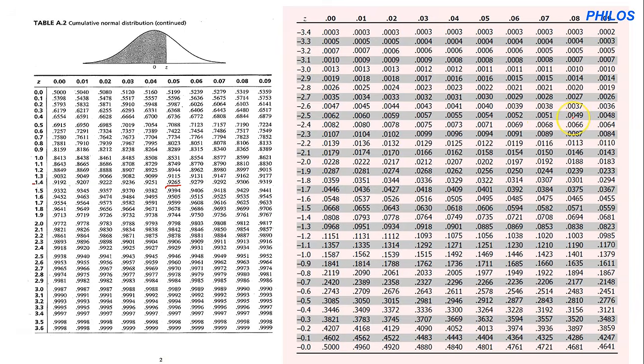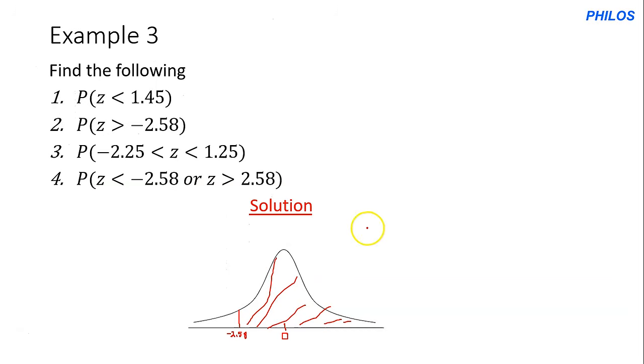So this is 8, negative 2.58. That will give us 0.0049. But remember, I told you when you check a negative z-score on a negative z table, the answer you get represents the area to the left, isn't it? So this left side is 0.0049. But we want the right.